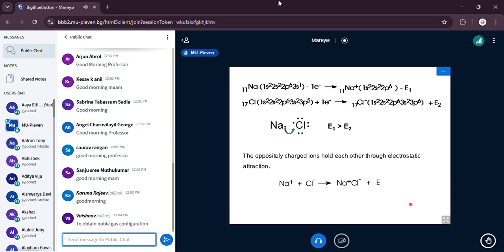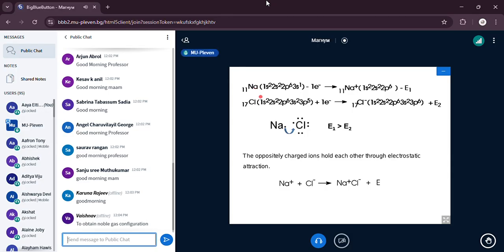Another way to represent this is the formation of an ionic bond. At the first stage of this process, ions are formed, sodium plus, chlorine minus ions. At the second stage, there is electrostatic attraction between oppositely charged ions.